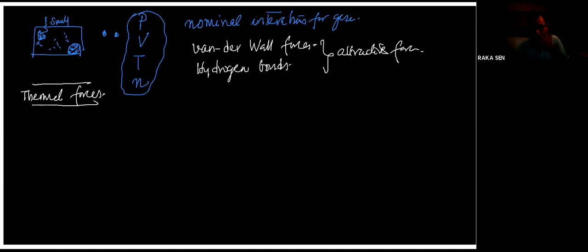Okay. What's happening is this. Suppose you have got air molecules. These are my air molecules. They are very small gaseous molecules, and they are moving in all possible directions. Now, why are they moving?